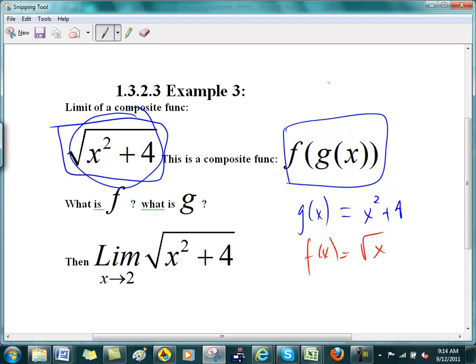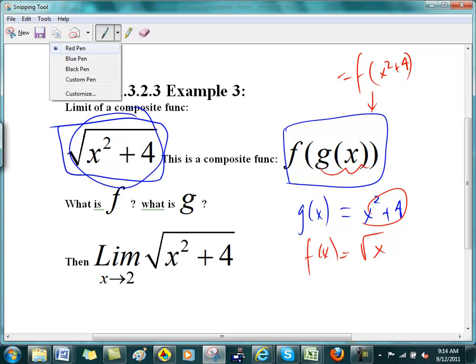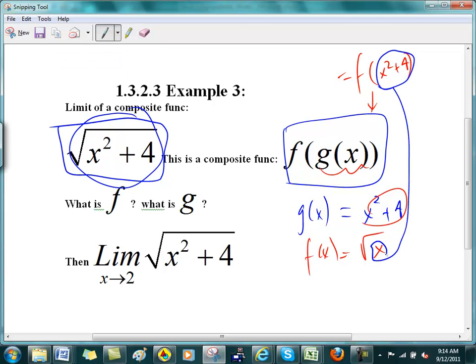Because then this becomes f of g of x. So you'll take this and you'll put it in here. So it becomes x squared plus 4. Then you will take this and shove it in here. Okay, so that is indeed the correct breakdown.